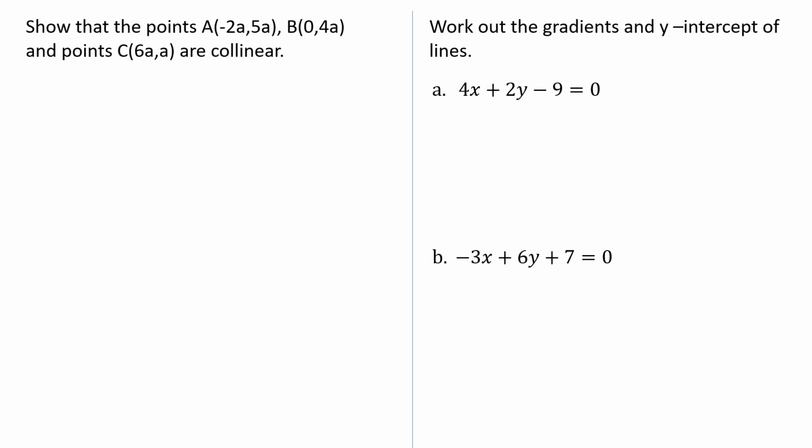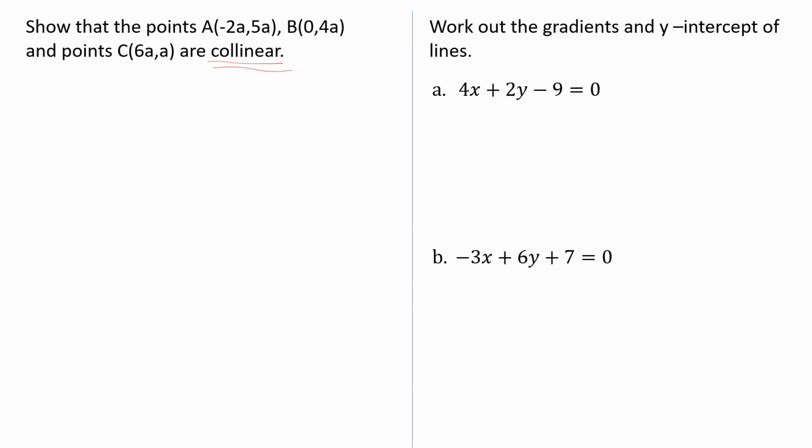Show that the points A, B, and C are collinear. What is collinear? Collinear means we need to show these three points are on the same straight line.